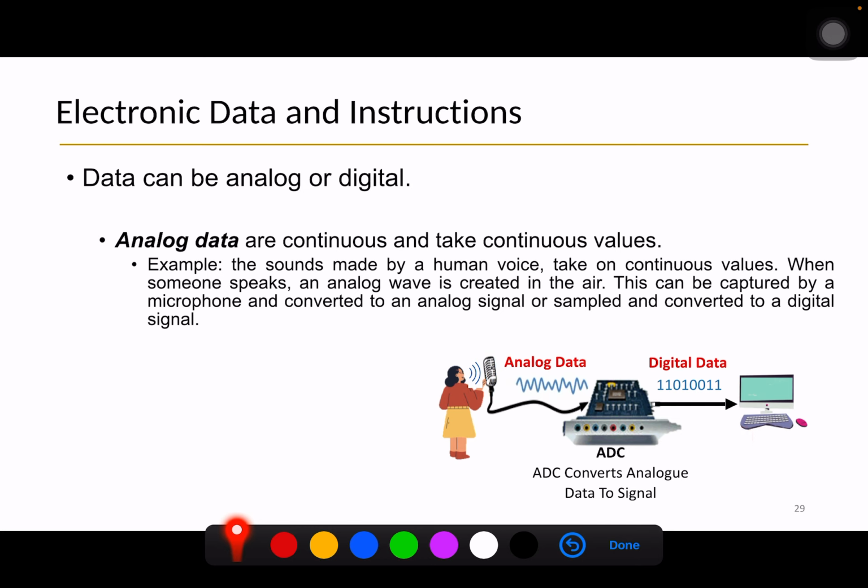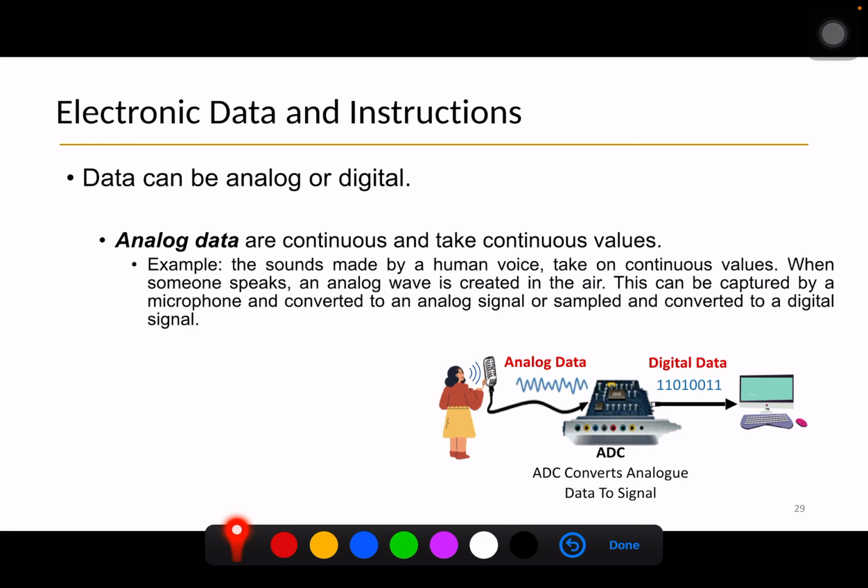Why digital data? Because digital data represent the state of the main features of the computer. A computer is an electronic device, and an electronic device can only be operated by using electric signal.